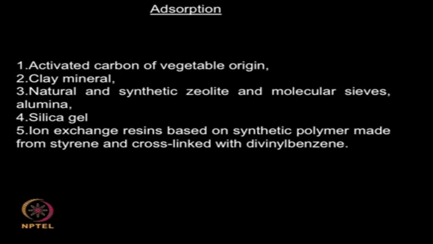We can use molecular sieves, we can use normal alumina, gamma alumina, alpha alumina, we can use silica gel, we can use ion exchange resins, different types of ion exchange resins, cationic resins, anionic resins, they are all attached to polymers like styrene or cross linked divinyl benzene polymer. So a large number of adsorbents can be thought of, varying particle size depending upon what you want to adsorb from the slurry.